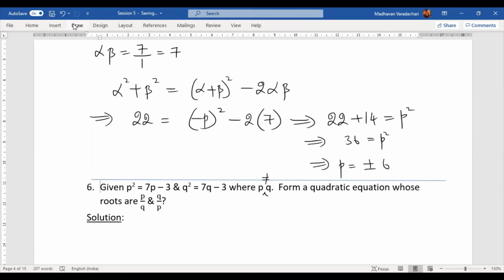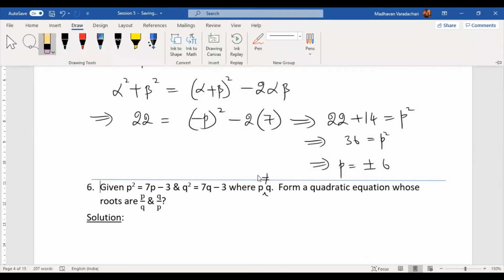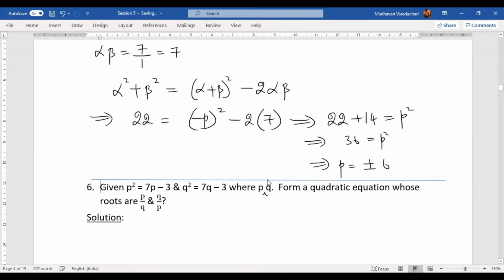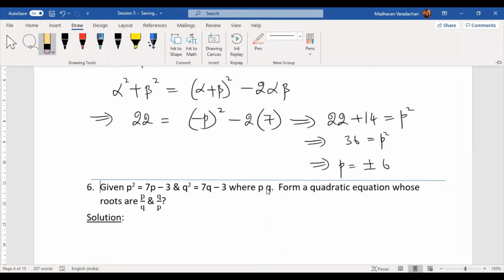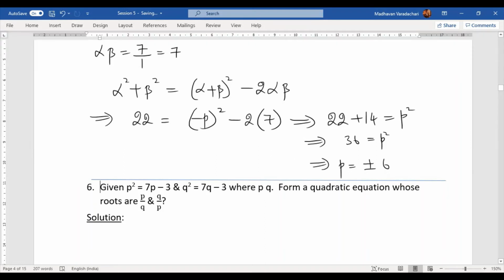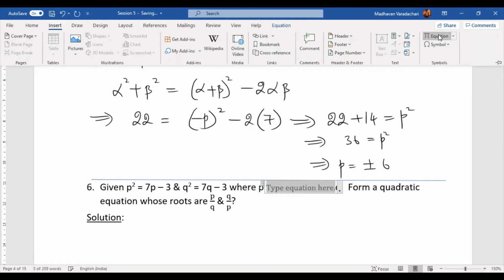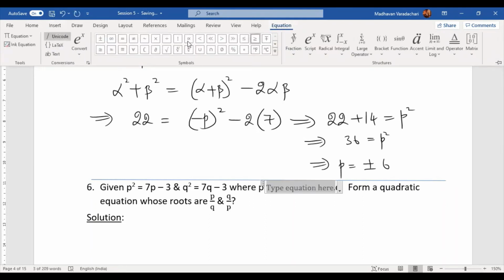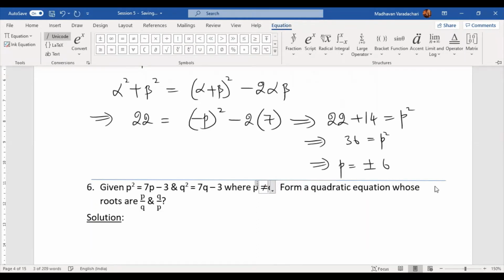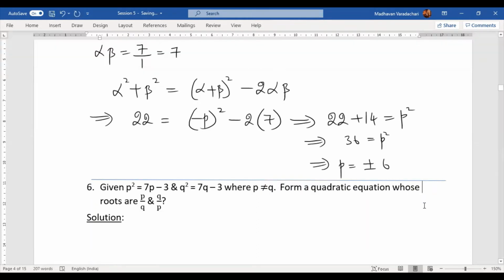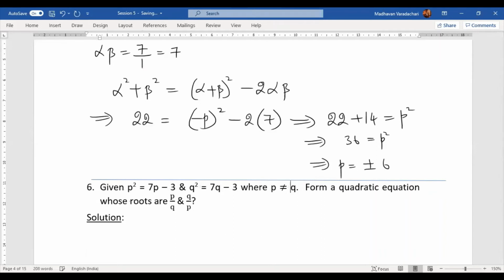Let me rub it and write it. Here p is not equal to q. Yeah, I think I made it. P and Q are different. P is not equal to Q.